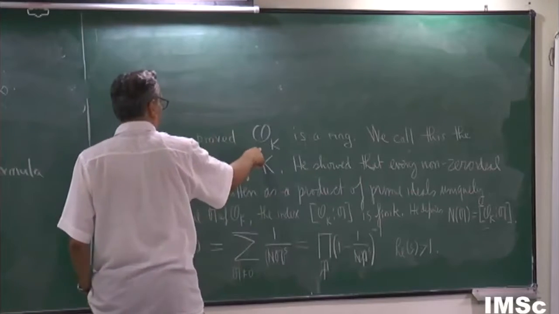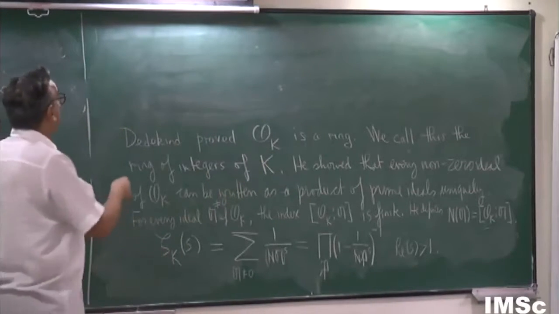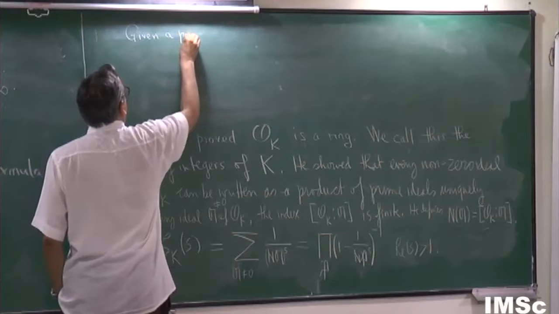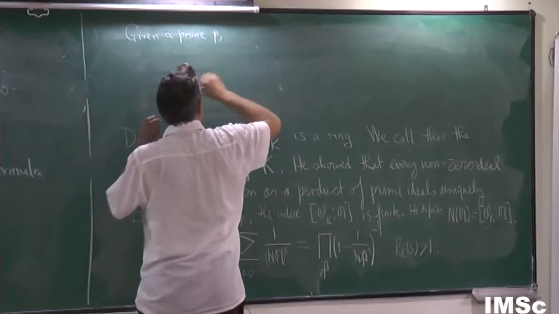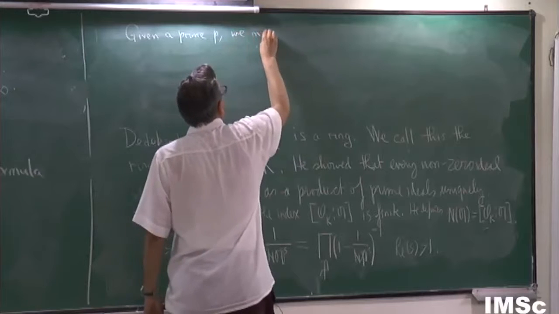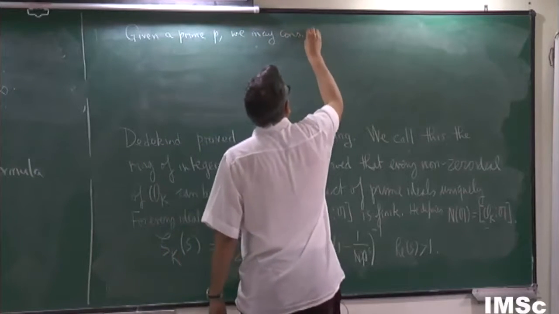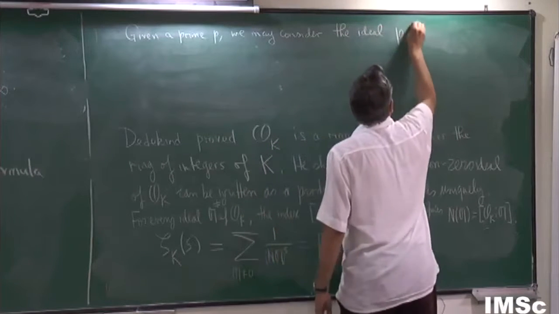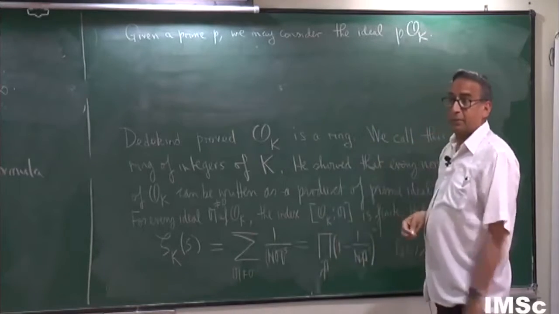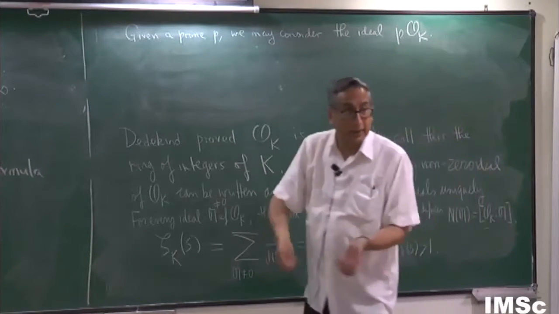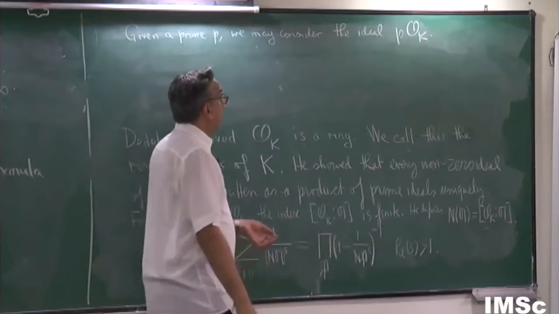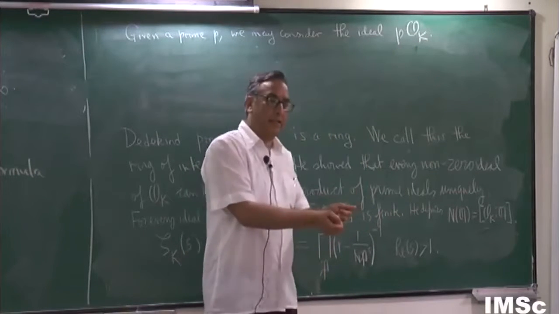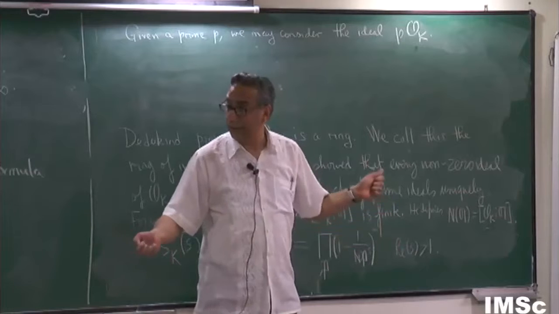I have told you that O sub k is a ring, and given a prime p, we may consider the ideal generated by p. The principal ideal in that ring. That's a perfectly good ideal. Dedekind's theorem tells me every ideal can be factored as a product of prime ideals uniquely.